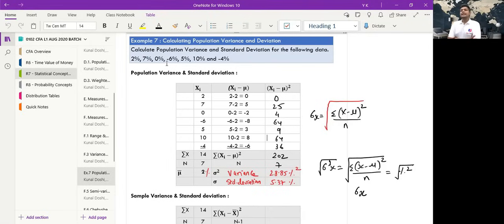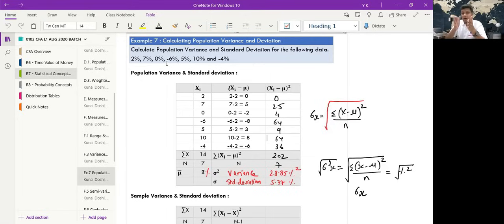So the reality is that the population risk is actually relatively lesser. Why? Because it considers all the members, and the sample is not exactly the same as the population. The size of the sample matters a lot.